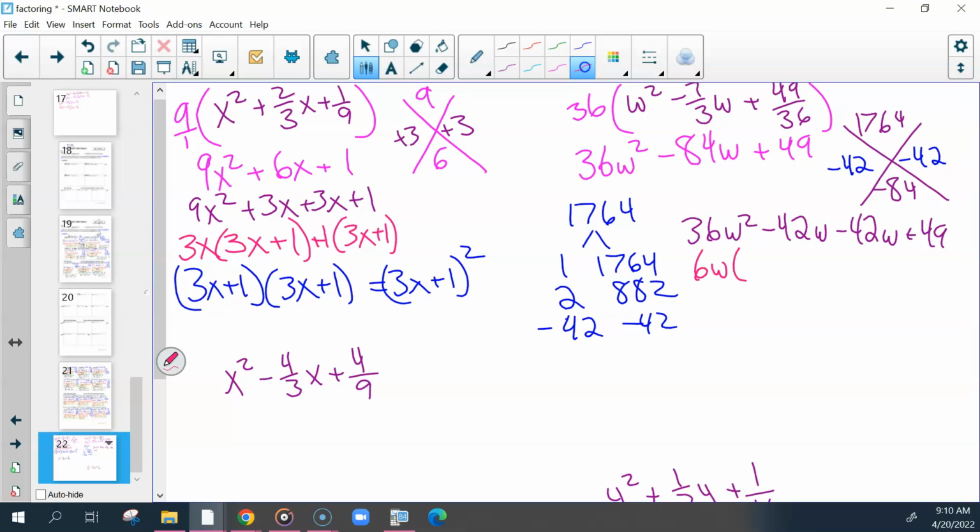Leaving 6w minus 7. And then what did the last two have in common? Negative 7. Which would leave us with 6w minus 7. So our final factors: 6w minus 7, or you can write it out as 6w minus 7 times 6w minus 7.